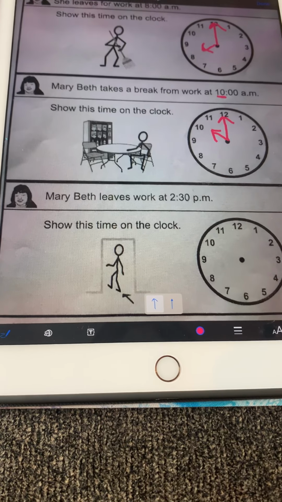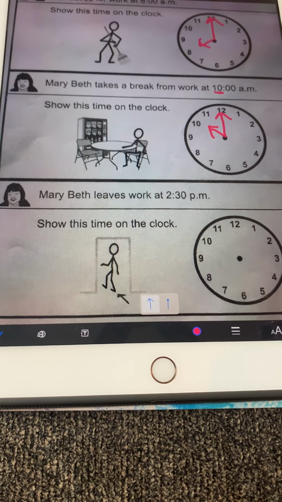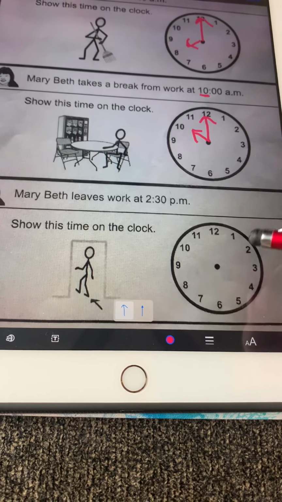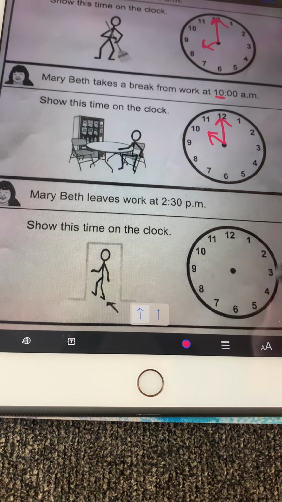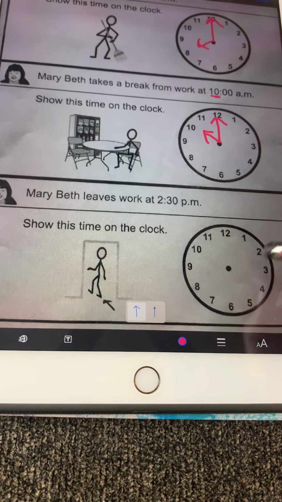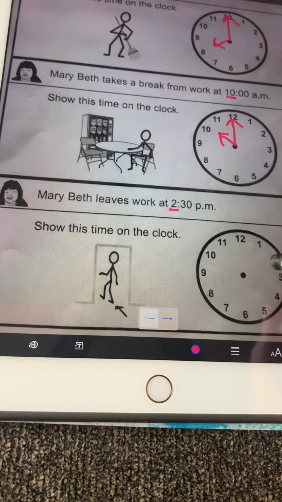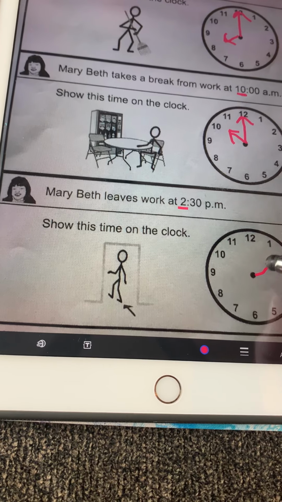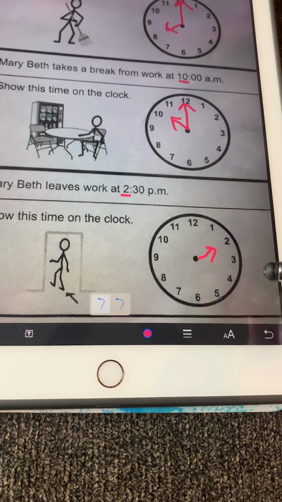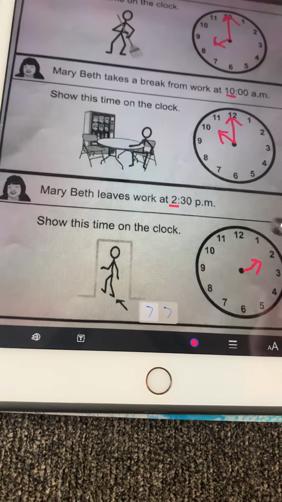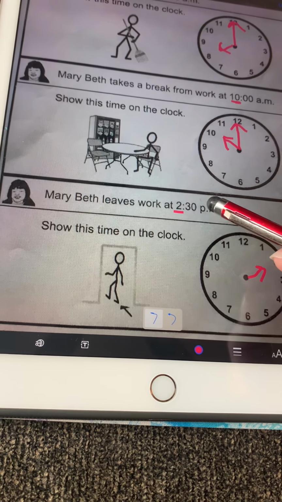Okay. And now we're going to go down here to this bottom question. It says Mary Beth leaves for work at 2:30 p.m. Okay, so this one's going to be a little bit different, but we know that the hour is 2. So we're still going to draw our little hand pointing close enough to the 2. And now it's not 00, it's not o'clock, it's 30.